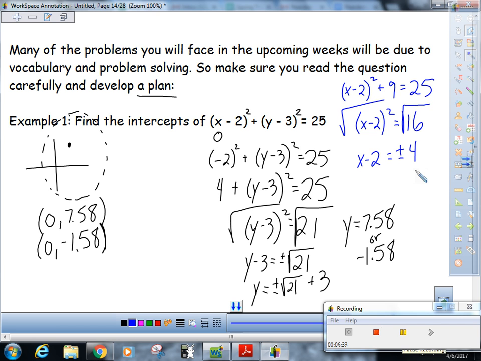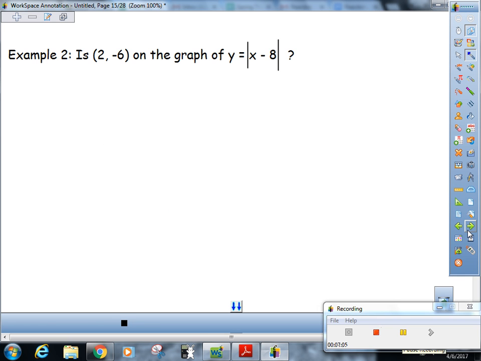Yes. Did I screw something up? Okay. Because you're typically right when you say that. So then you get x equals 4 plus 2 is 6. Negative 4 plus 2 is negative 2. And so the other answers are, let's see, 6, 0, and negative 2, 0. And now maybe you understand what we're talking about with this is not an easy chapter. It's review, but it's not easy, okay? All right.